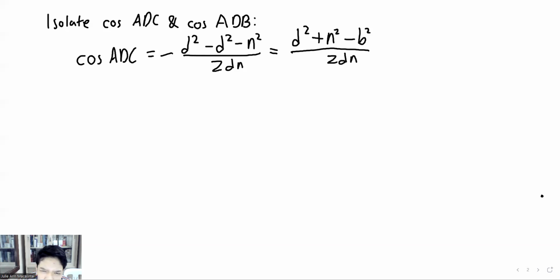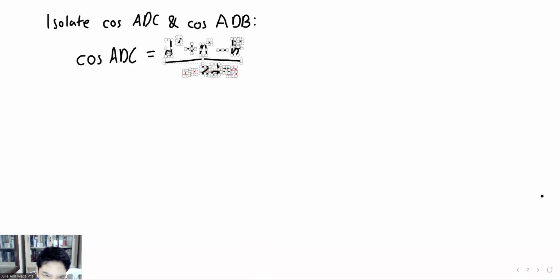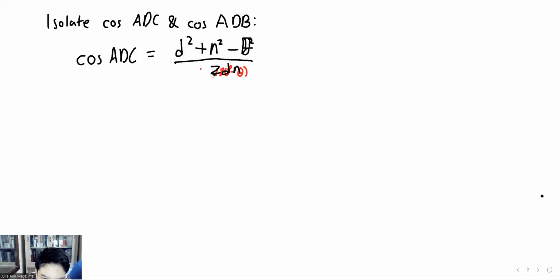Okay, so it seems much cleaner. Also, this is isolating cosine ADB.